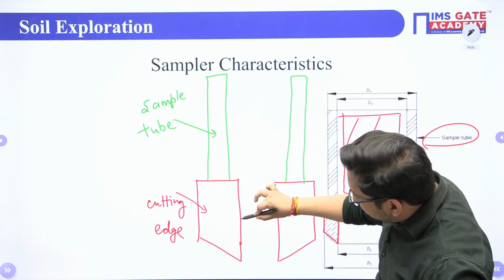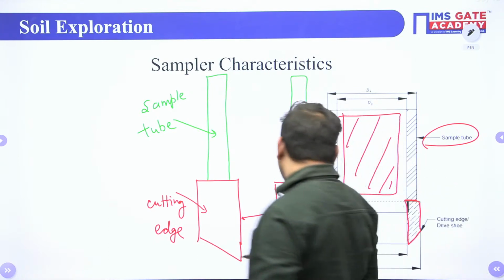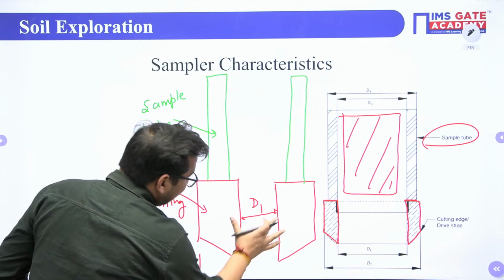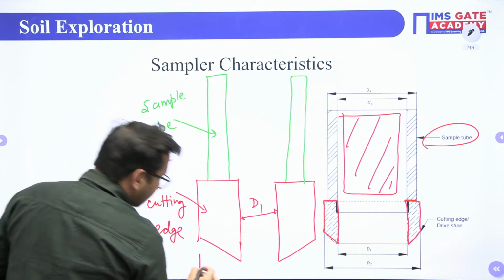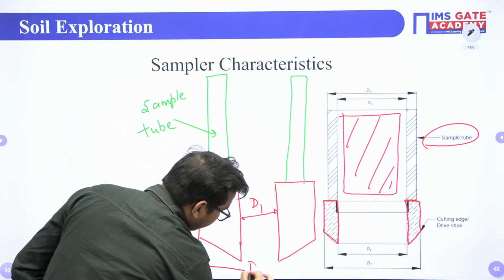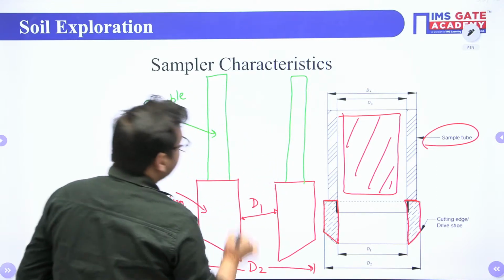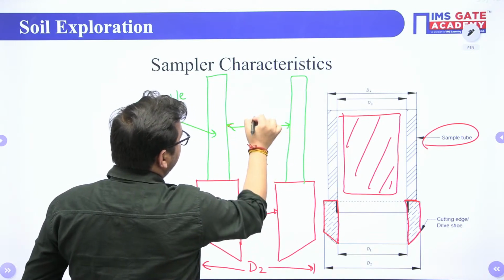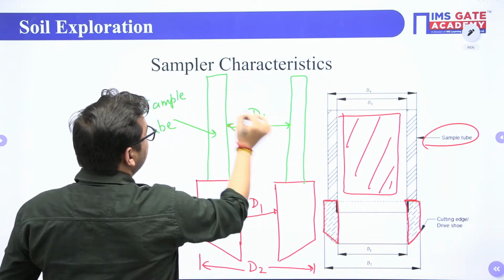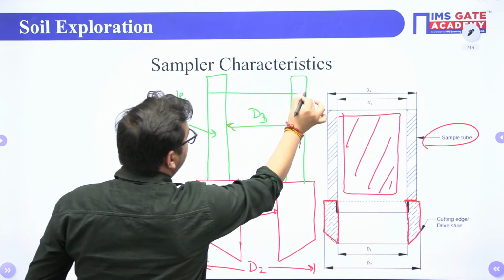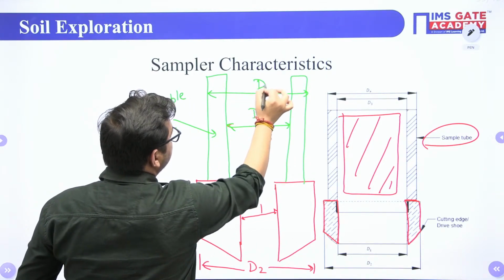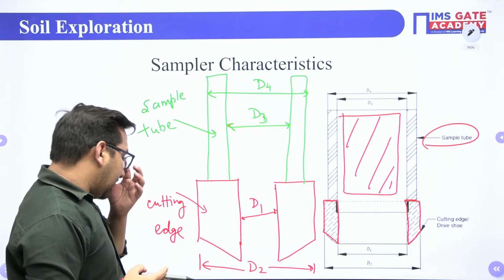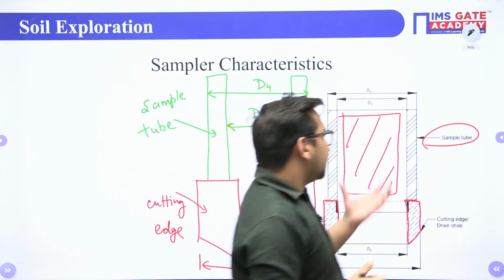Let's suppose this is dimension D1, that is the internal diameter of this cutting edge. D2 is the outer diameter of the cutting edge. Similarly, D3 is the internal diameter of your sampler, and D4 is the internal diameter of this sample tube, right?